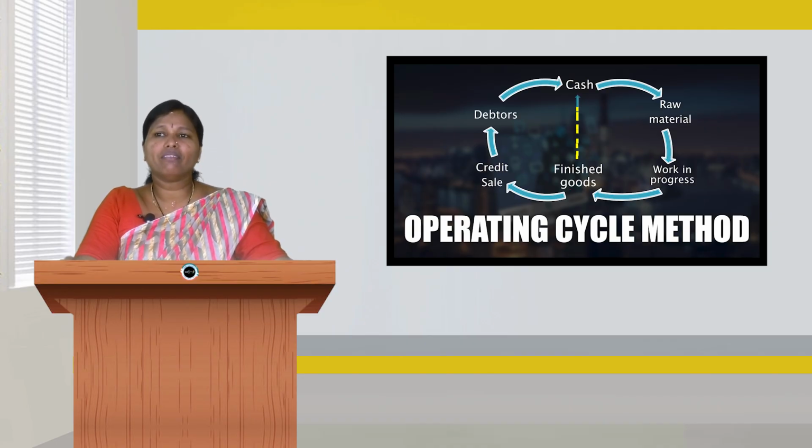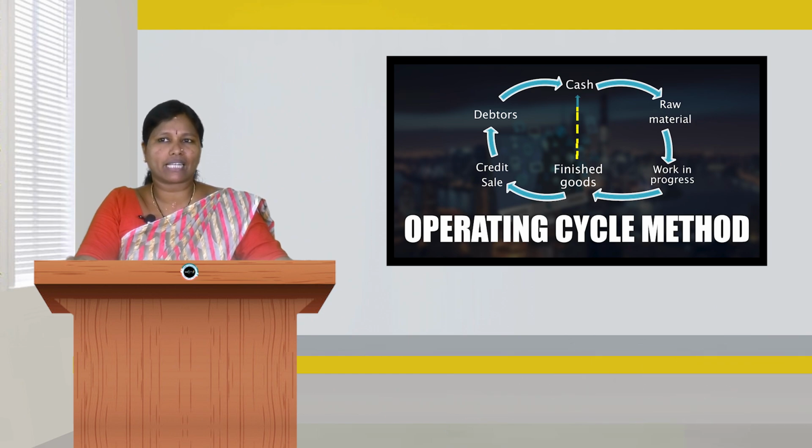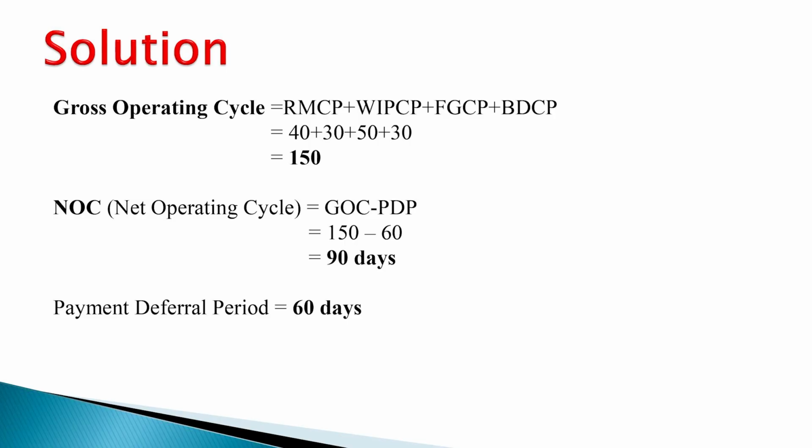Here we have to calculate the working capital requirement under the operating cycle method. First we have to calculate the gross and net operating cycle. Gross operating cycle is equal to raw material conversion period plus work in progress conversion period plus finished goods conversion period plus book debt conversion period.